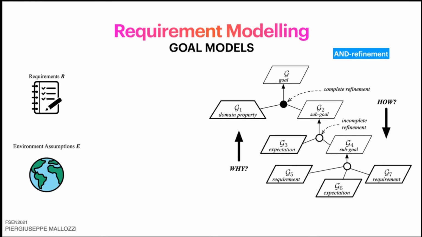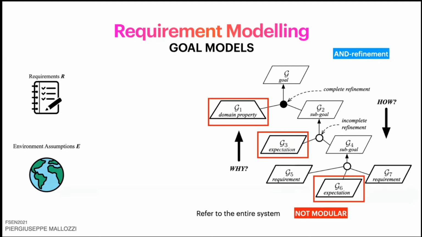In this example of goal models, we can see that the assumptions are treated as any other behavior that is only finally assigned to be an expectation of the environment or a domain property.